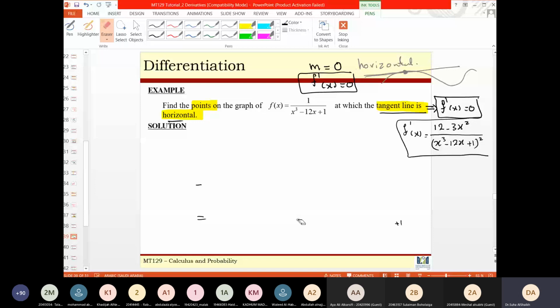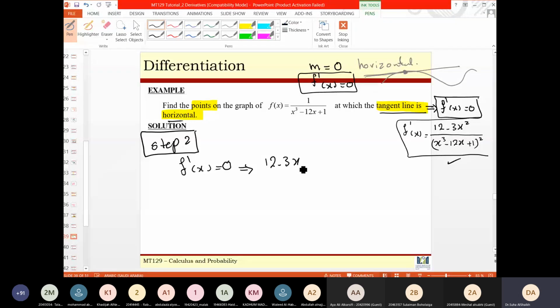So for step 2, I'm gonna let f dash x equal to 0. This is my f dash: 12 minus 3x squared divided by x^3 minus 12x plus 1 squared, equal to 0.